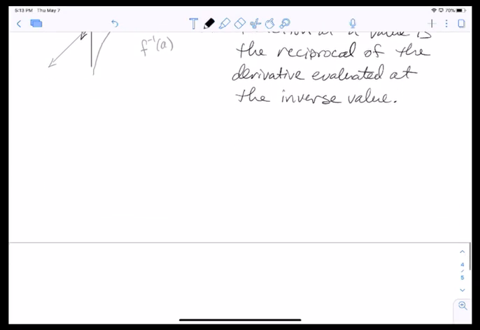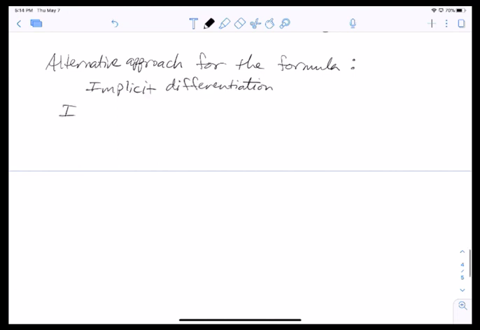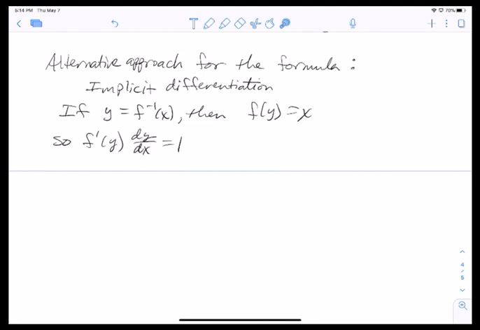I'd like to close out this video with an alternative approach for the formula we developed here. We're going to use implicit differentiation. If we have that y is equal to f inverse of x, then it would follow that f of y is equal to x. So f prime of y times dy dx would equal 1 by taking the derivative on both sides with respect to x.